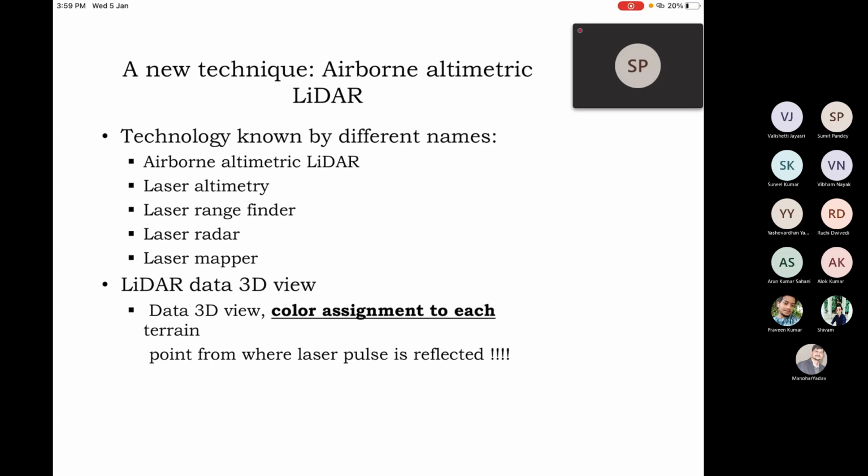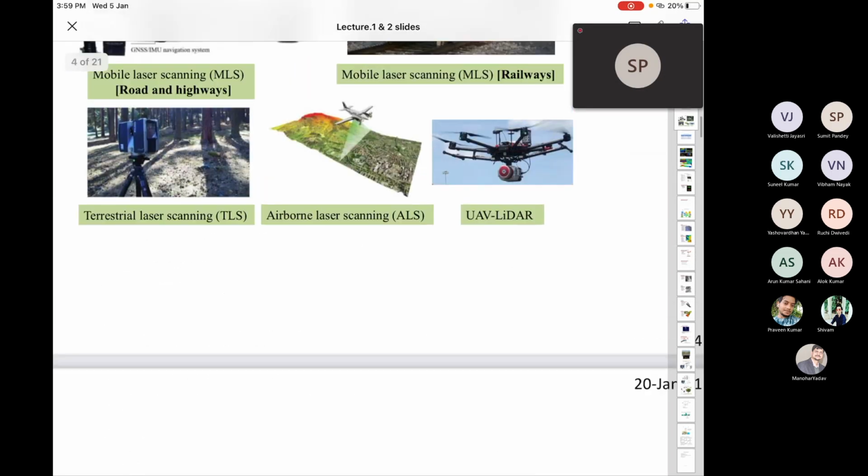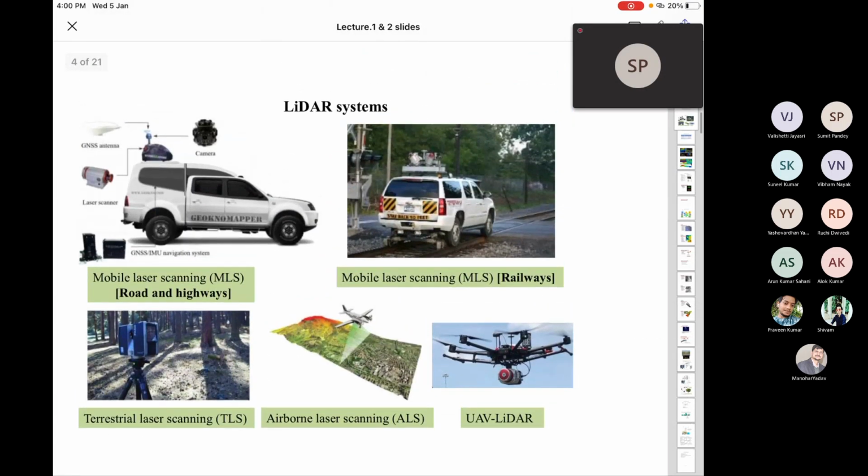represents the 3D view of the area, a 3D view of the scene from where data is collected. Further, you can assign the actual RGB color to the LiDAR point. Like in this case, as you see, the camera unit is also integrated with the LiDAR.